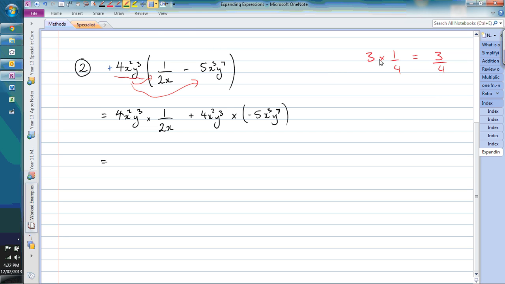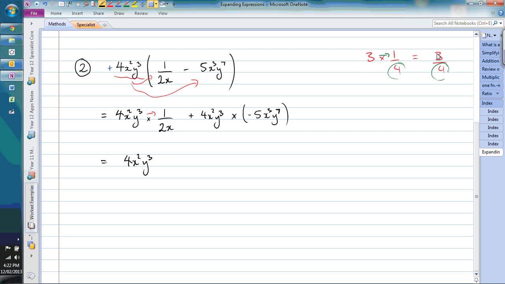Okay, what have I done there? I've done the 3 times the 1. The 4 stays the same. 3 times 1 is 3. 4 stays the same. I'm going to do exactly the same here. 4x squared y cubed times that 1 is just going to be 4x squared y cubed.